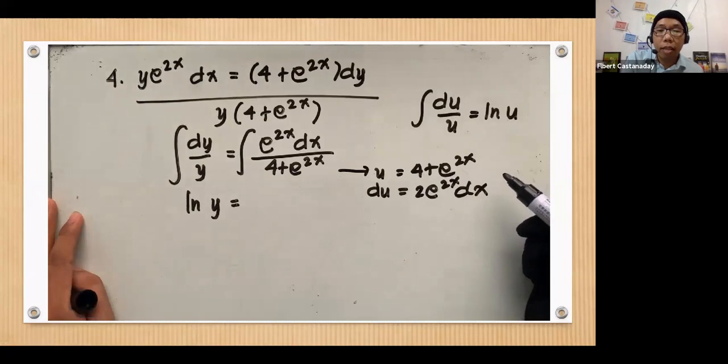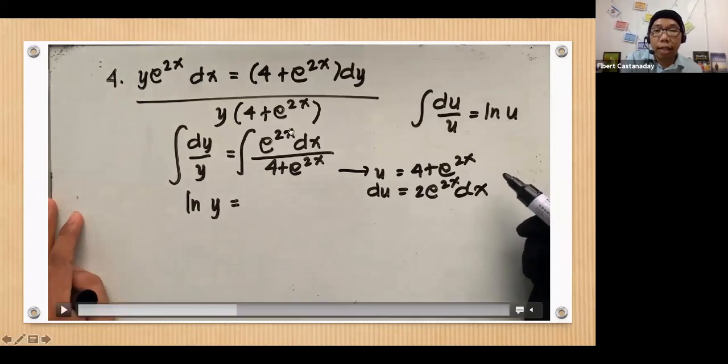So as you can see, the given numerator contains e raised to 2x times dx. What's lacking here, so we can use this formula, is the constant 2. So you can have a neutralizing factor of 1/2 to utilize this formula.